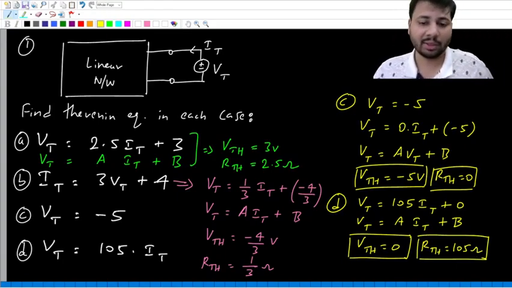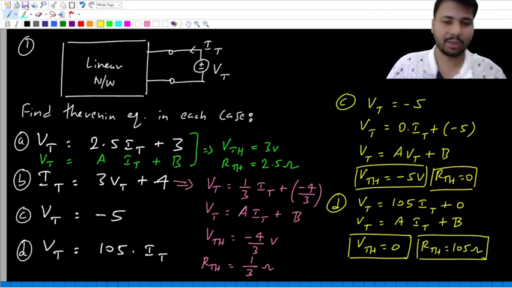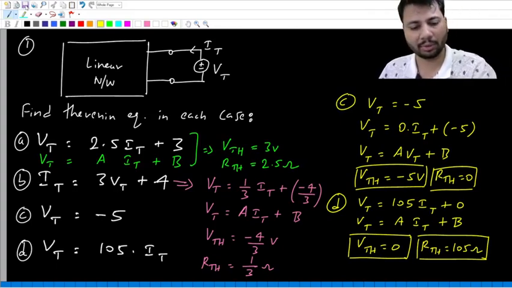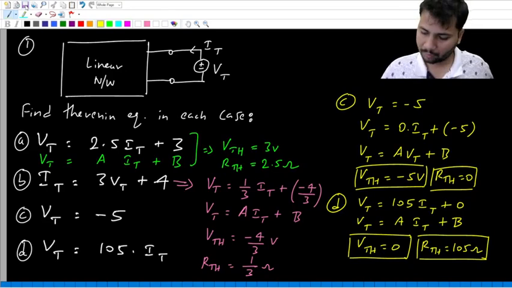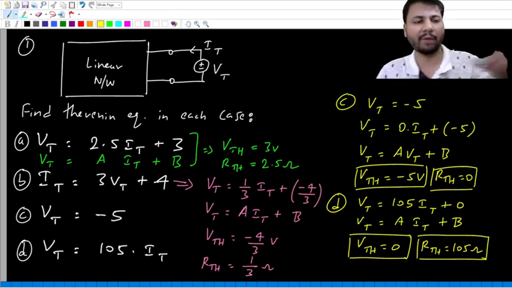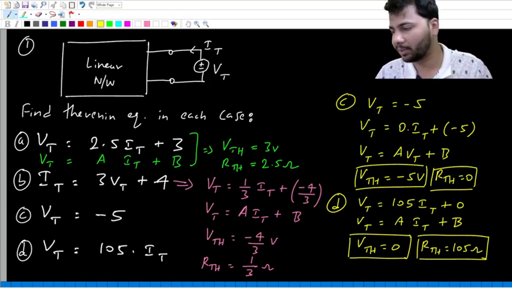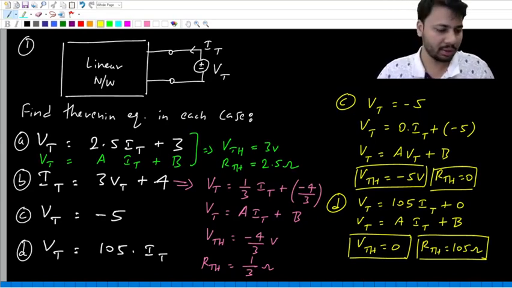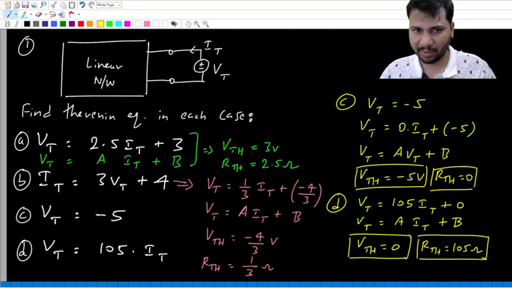So these are the values of Vth and Rth in each case. All you have to do is compare every given relation with the standard form, that is Vt equal to A It plus B, where A is Rth and B is Vth.